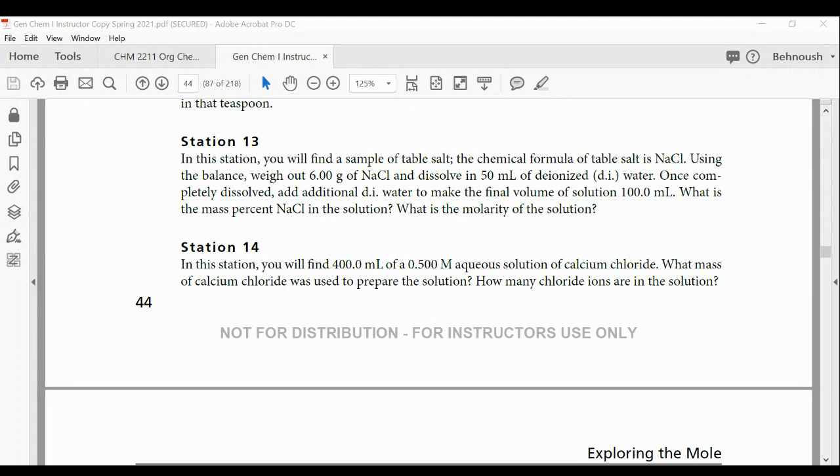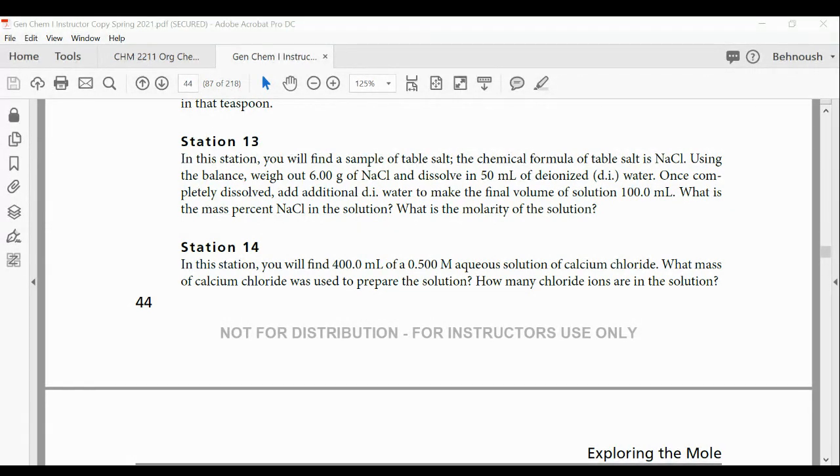Molarity equals, if you write the formula, molarity equals moles divided by volume. Make sure to say volume in liters. Molarity is number of moles divided by volume in liters. So if you want to find the molarity, you need number of moles. It makes it easier when you look at the formula.